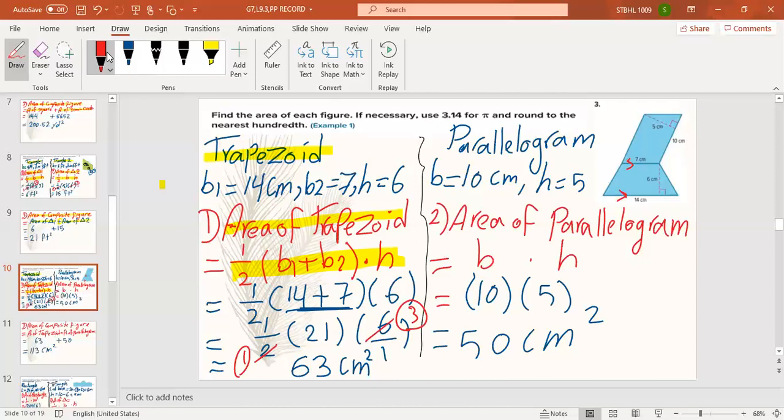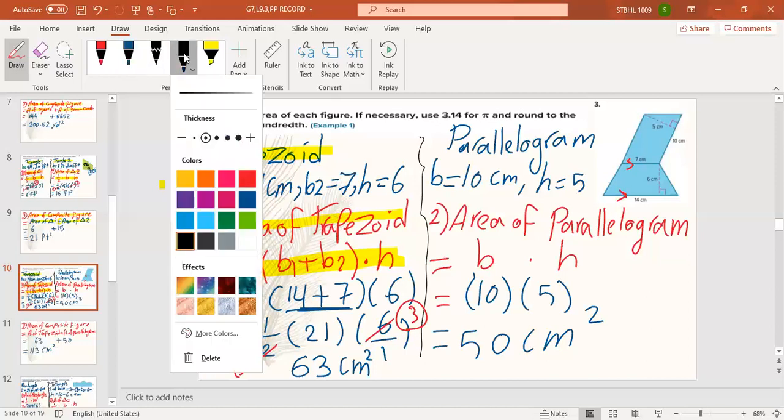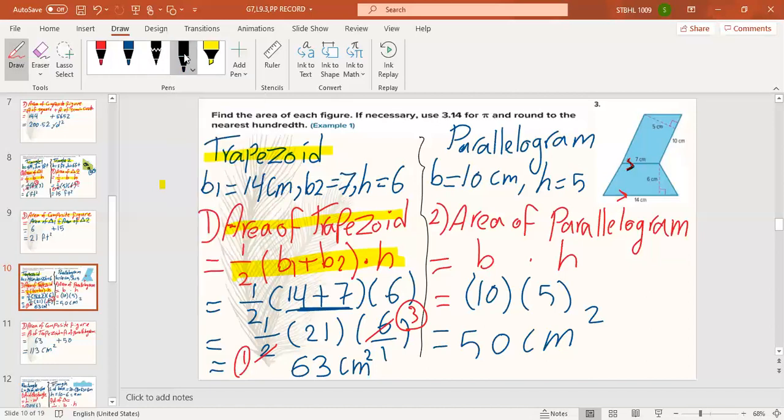And let's go to the second figure. The second figure is a parallelogram. Why? Because a parallelogram has two parallel bases. Look at this base, two parallel sides.